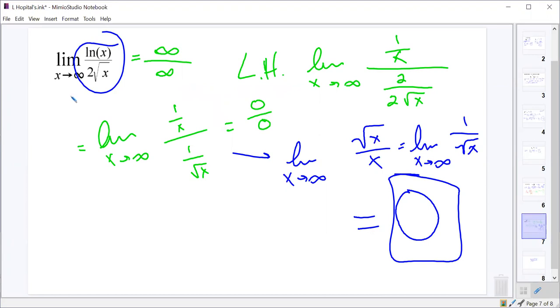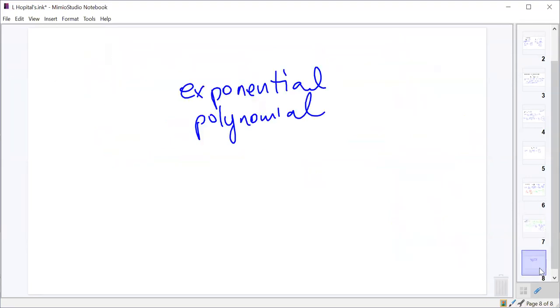Just looking at this, which one was increasing more rapidly? If the limit for this was 0, what had to be getting bigger more quickly? The numerator or the denominator? Denominator. So a root function should be increasing more quickly than a logarithmic function. And those are the last two, root and logarithmic.